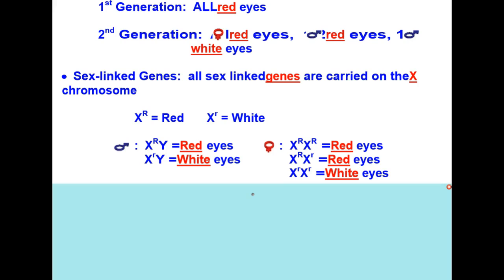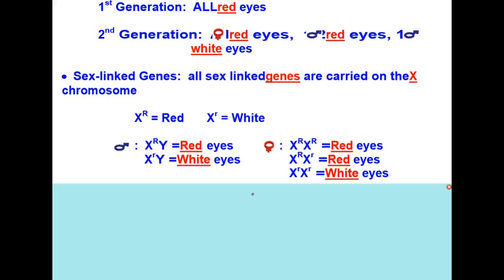Since the red is the dominant trait, it would mask the little r in the heterozygous female. The only way for the female to show the trait is to have the recessive trait on both of her X chromosomes. X little r, X little r would be females that show white eyes.